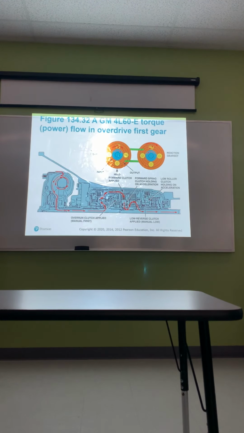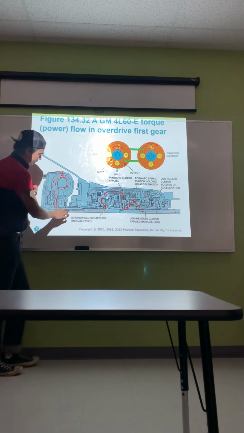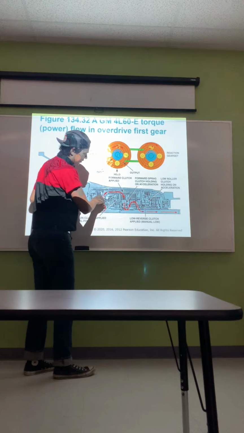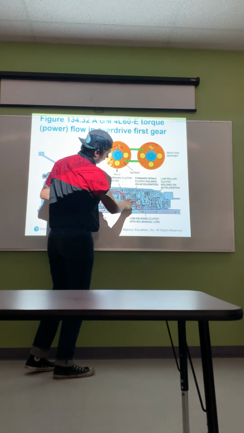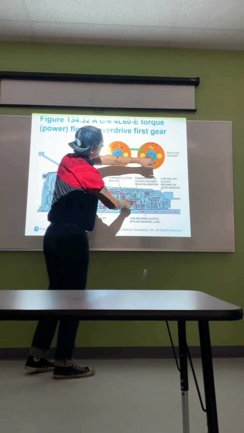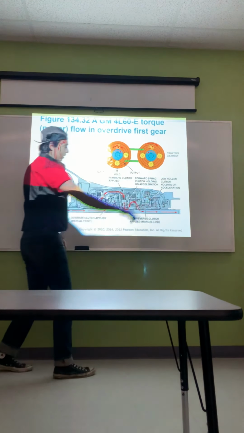So I'm not going to get too much into specific transmissions. It's just showing you, obviously, I know you guys have this in your book, so look it over, kind of get a good thought of basic fluid flow. So as a torque converter pushes fluid through, it goes into the transmission itself, goes through certain parts of the clutch, activates these clutches, sends power through this sun gear here, and then sends power out.